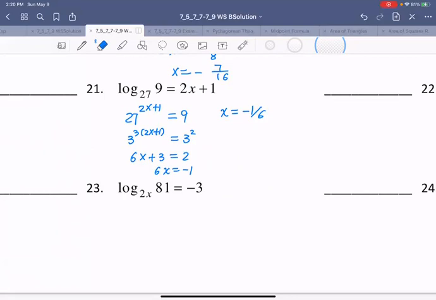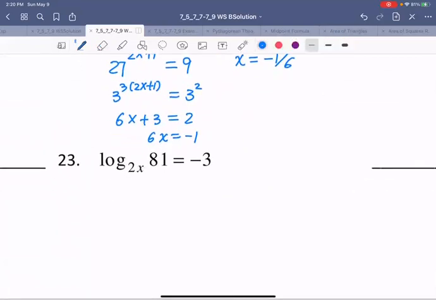Okay, let's do 23. Go ahead, please. Two x to the power of what?